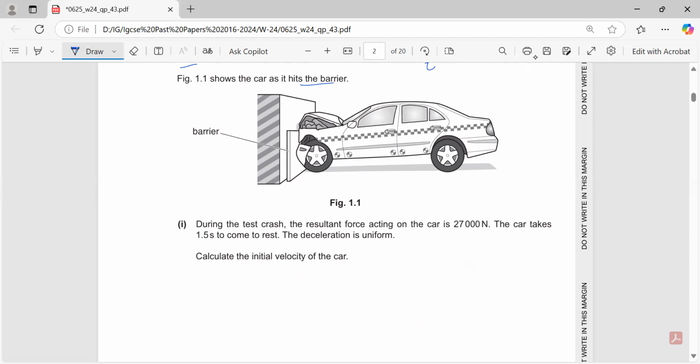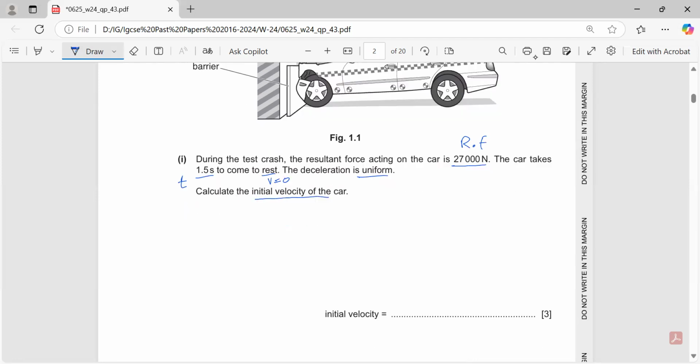During the test crash, the resultant force acting on the car is given. The car takes 1.5 seconds to come to rest, so the final velocity is 0. The deceleration is uniform. Calculate the initial velocity of the car.